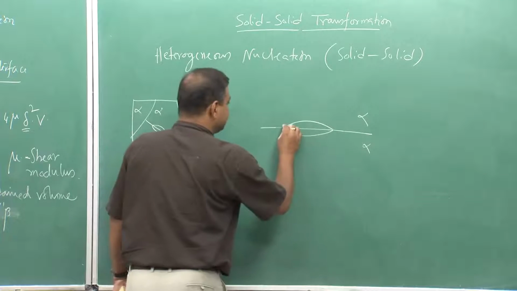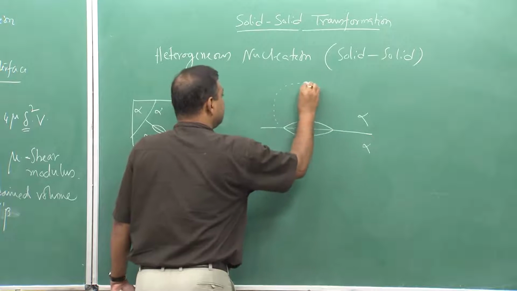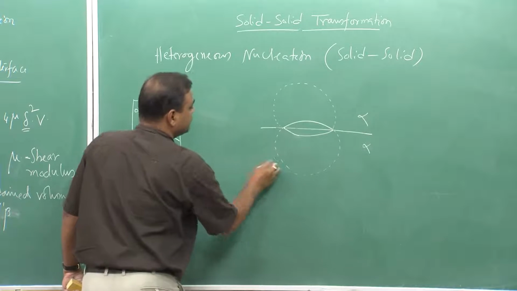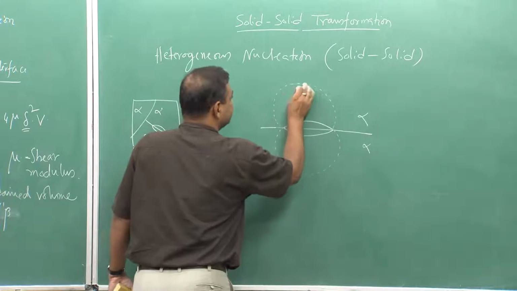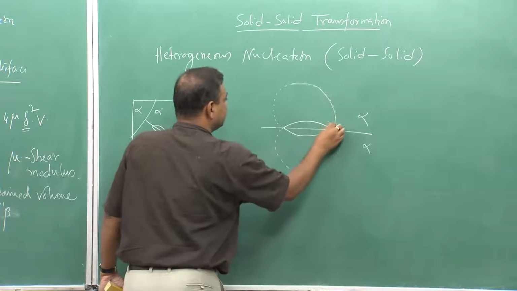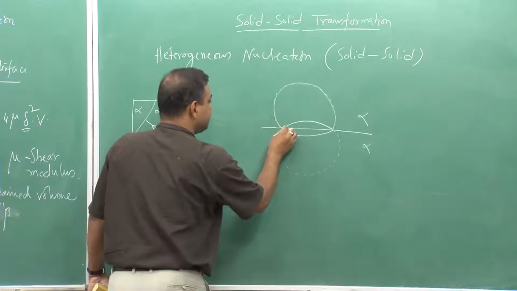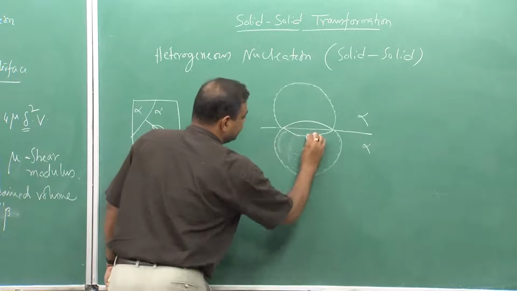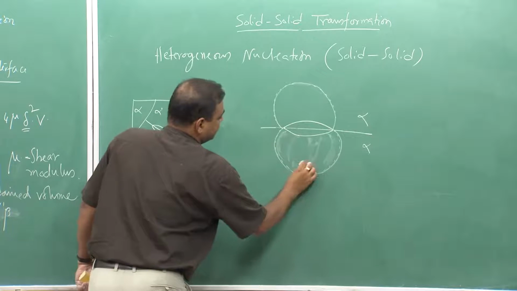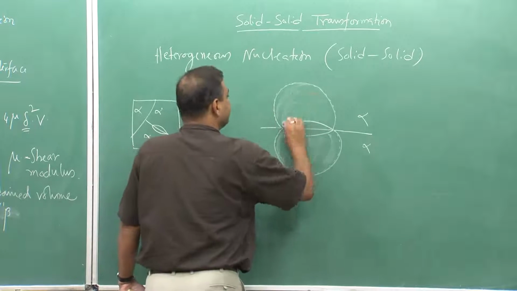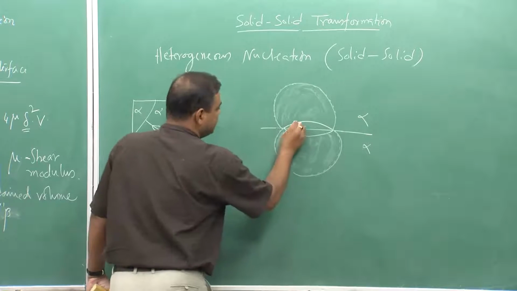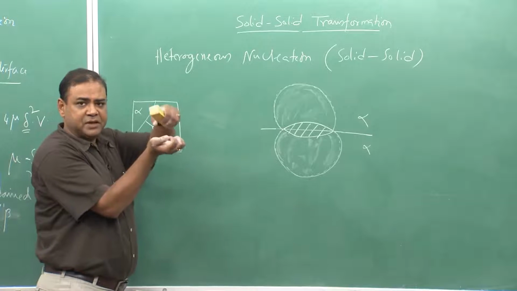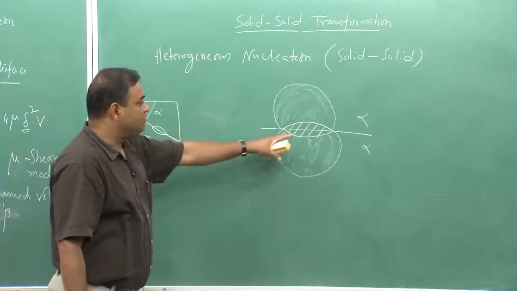If I continue this particular cap, this is one sphere, this is another sphere, but this part is not there and this part is not there. So, only this part is there, as if two truncated spherical caps are connected together and form a lens.